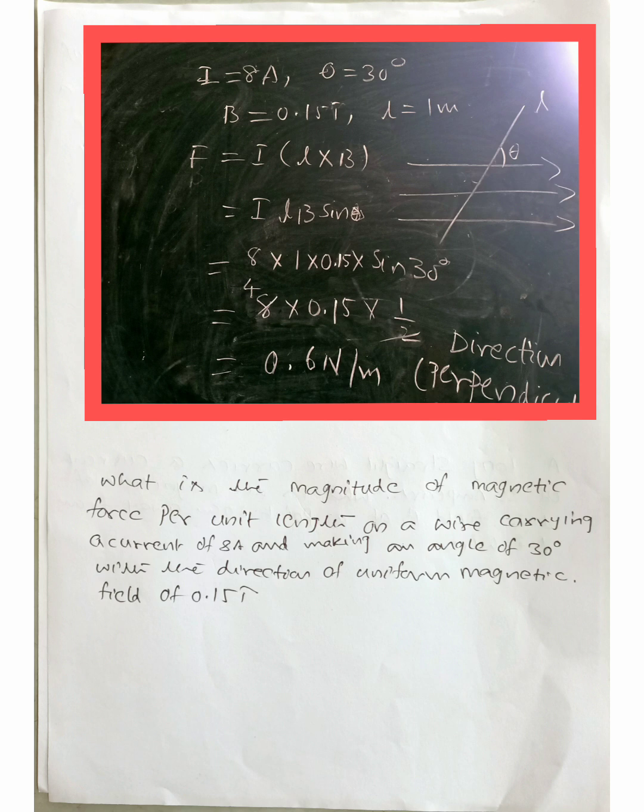Substituting these values, I is 8 amperes, length 1 meter, magnetic field intensity 0.15 Tesla and sin 30, and simplifying it we will get F is equal to 0.6 Newton per meter, perpendicularly.